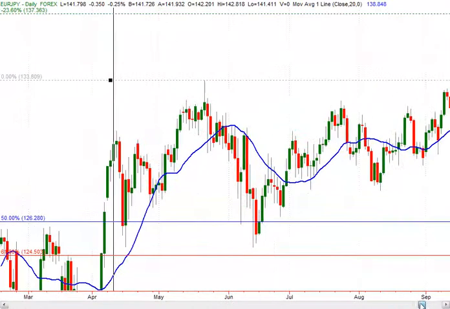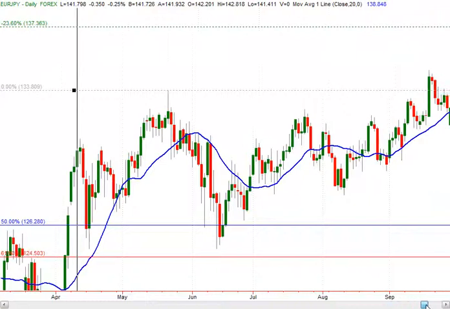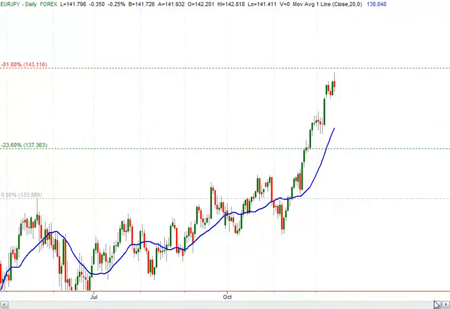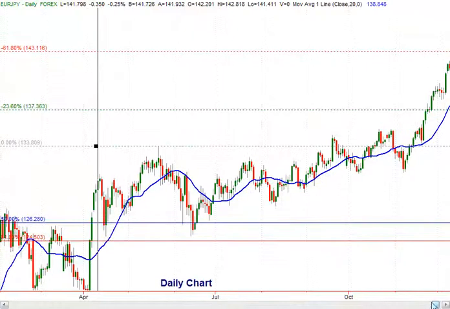The 127.30 level acted as a support, and then price dipped into this area but eventually came out of it, and this acted as a very good level of support and entry long for program trading. We knew then we had two targets, the first one 137.36 and the second one 143.11.